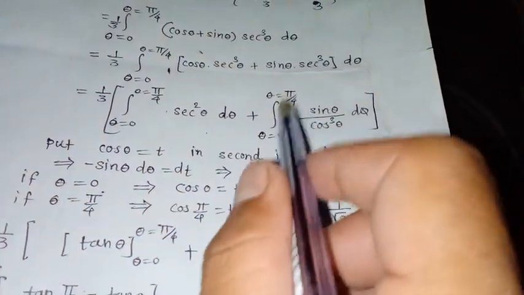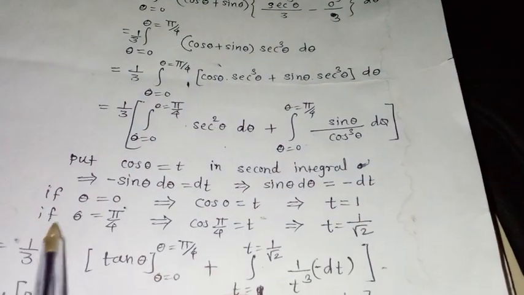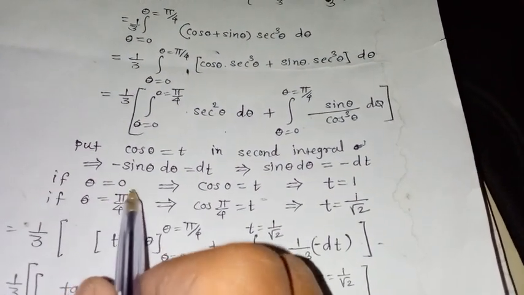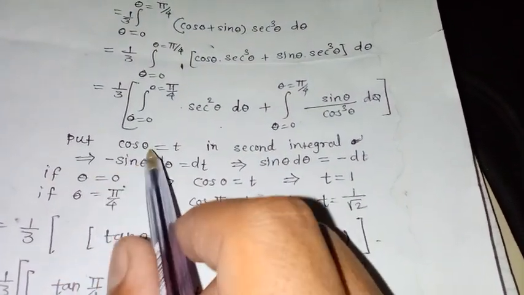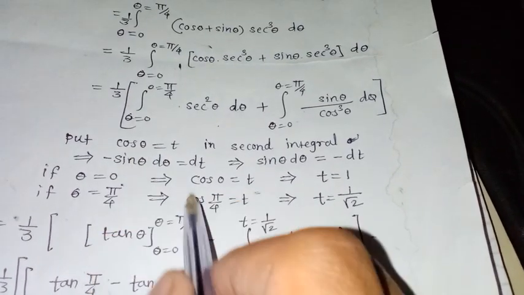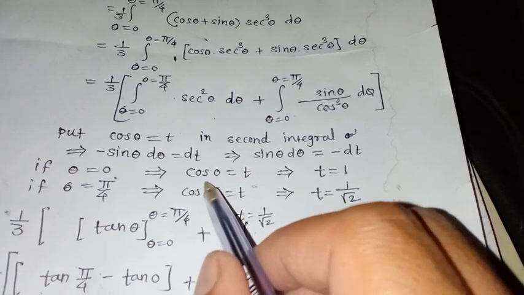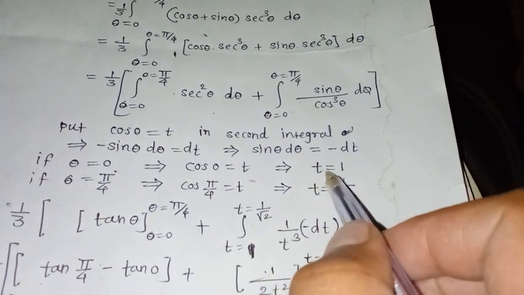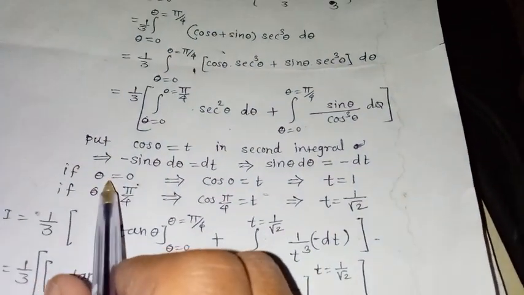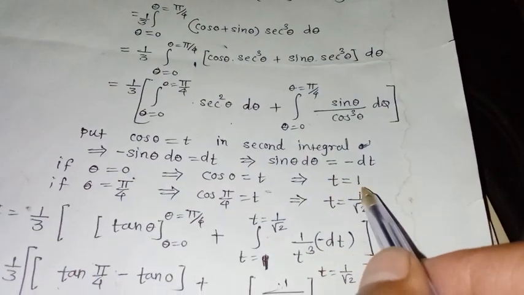Similarly, we have to change the limits of this second integral also. So if I take theta equals 0 and put it in that substitution, then we will get cos 0 equals t, and obviously the value of cos 0 is nothing but 1, so t equals 1. That means if theta equals 0, then t equals 1.